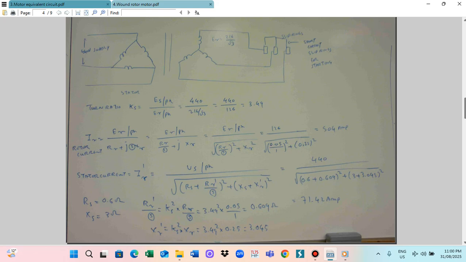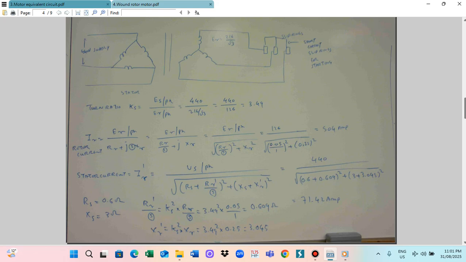The stator current formula is IR times K, which is VS divided by the square root of (RS plus RR dash by S) square plus (XS plus XR dash) square. So this is how we can calculate the stator current.